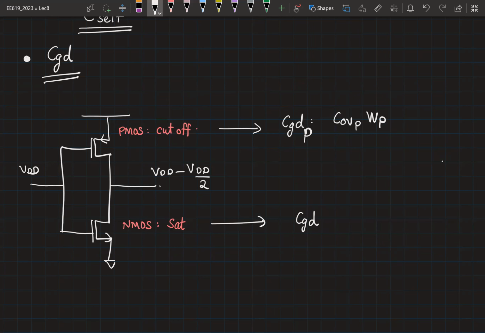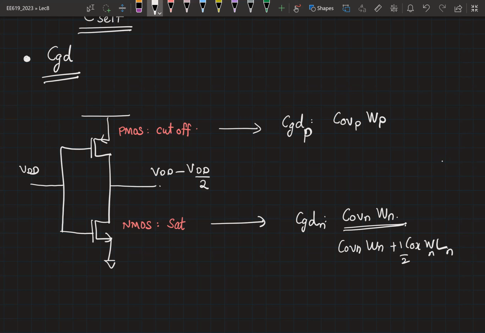Now, if this is in saturation, you would have just the overlap capacitance, right? If it was also entering into linear region, you would have this plus half into COX into WL, right? So a reasonable approximation that we generally make is to approximate CGDN as COV into WL.